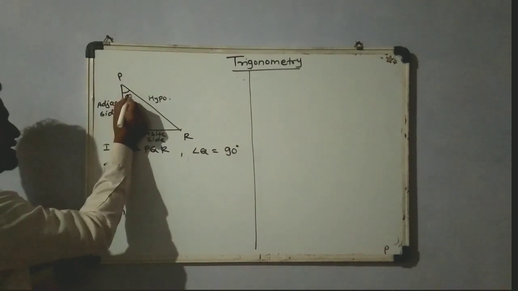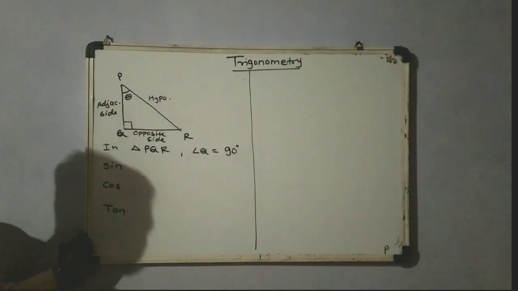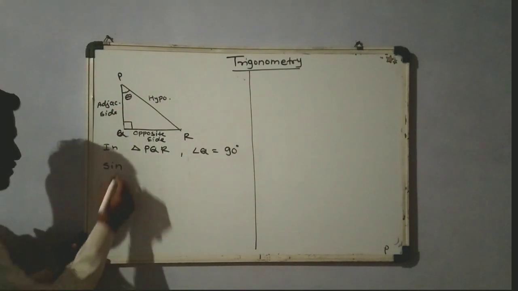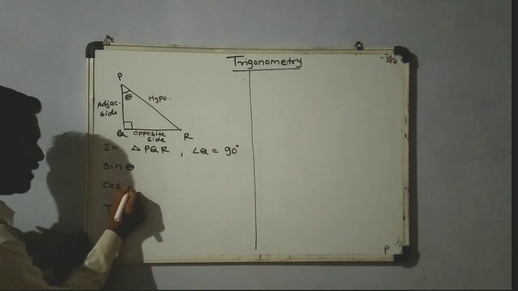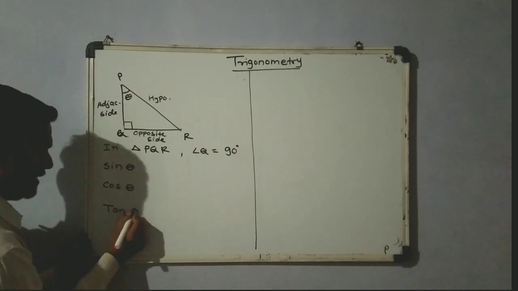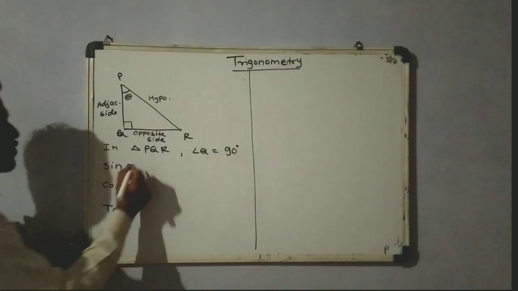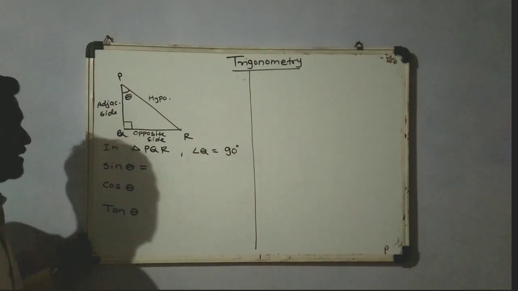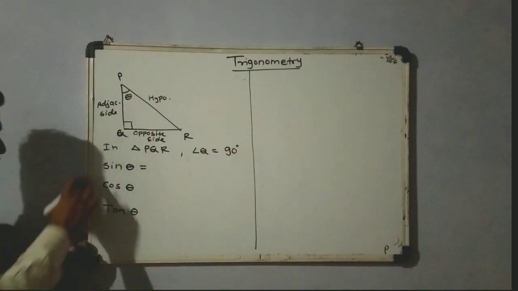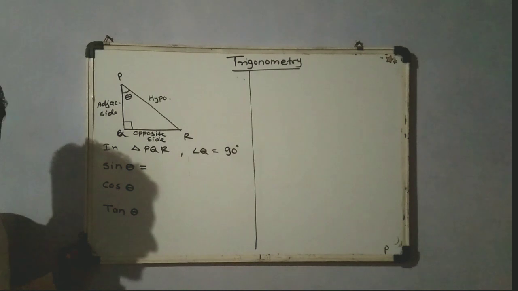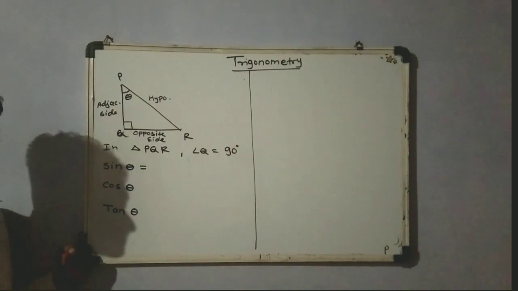I say angle P is theta degrees. Okay, theta is a measure of the angle. So I take sine theta, cos theta, tan theta. So you just have to learn these three formulas. Automatically you will get another three trigonometric ratios.